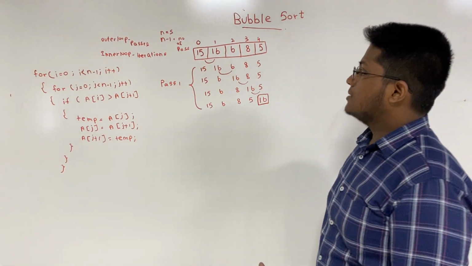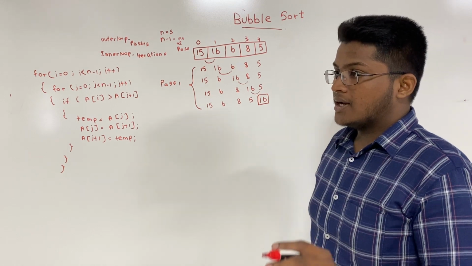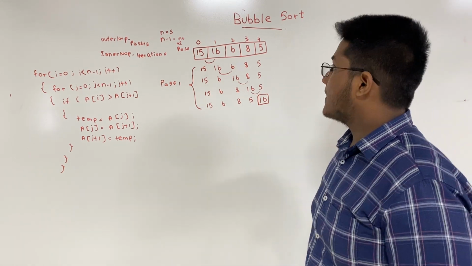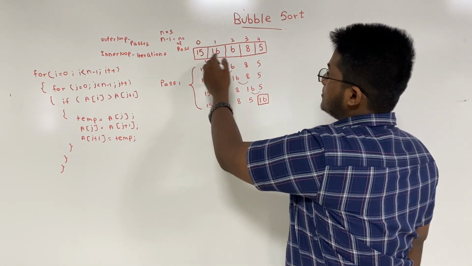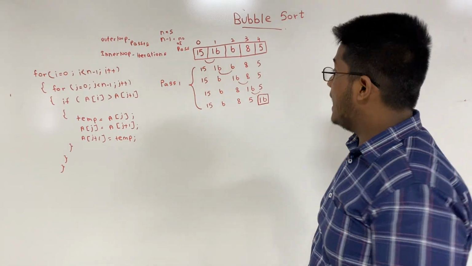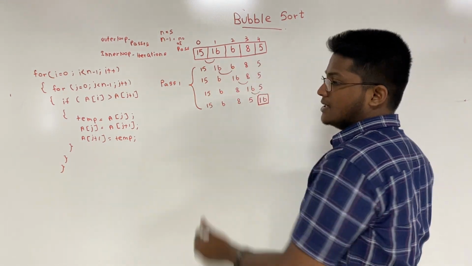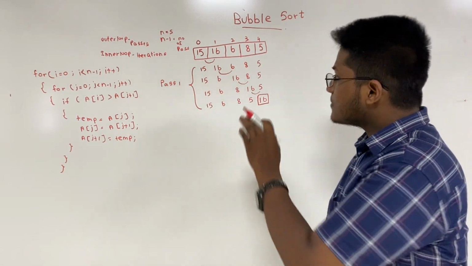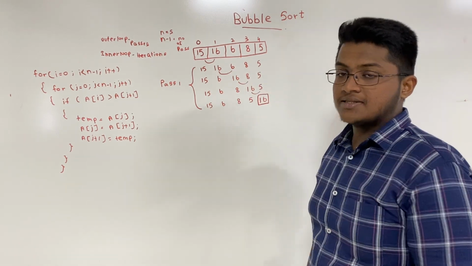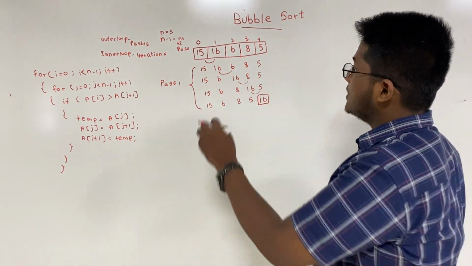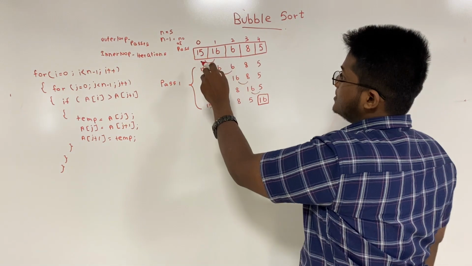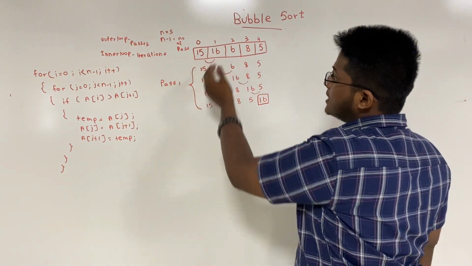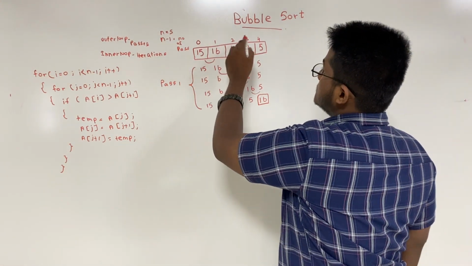So in bubble sort, there is a condition. These are the elements that I took in this array. You can take elements as you wish. In my array there are 5 elements, numbered 0, 1, 2, 3, 4.